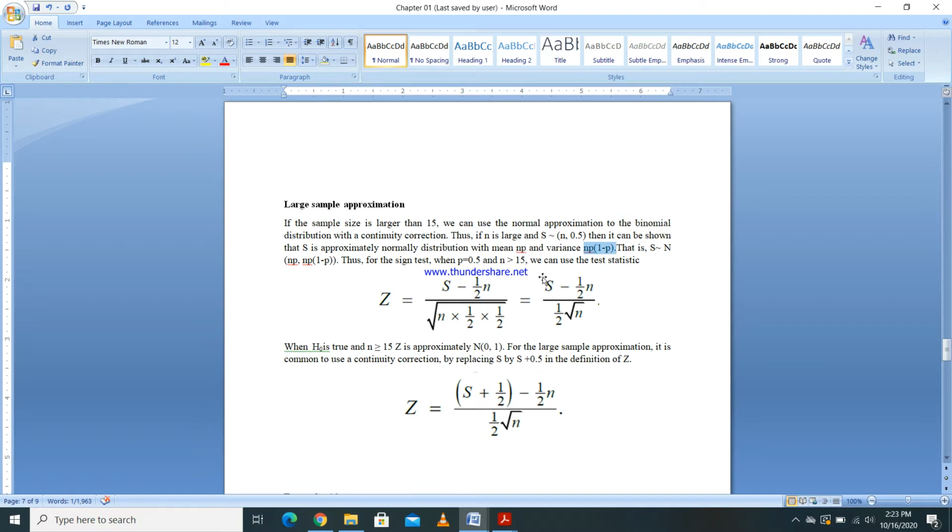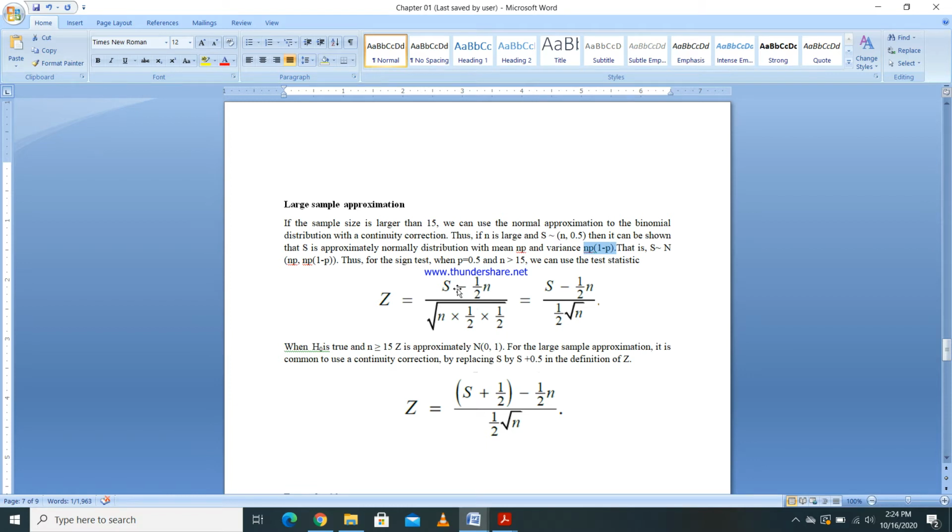This is a special case where the probability is equal to 0.5 in the one sample sign test. So you can replace the probability of success by 0.5. Here is our test statistic, which had a binomial distribution. We are going to transform that into a standard normal distribution.